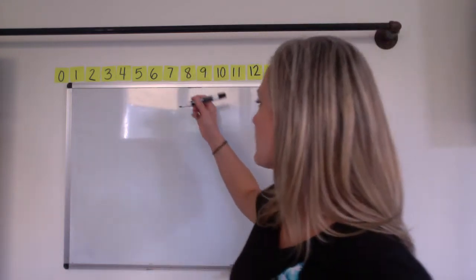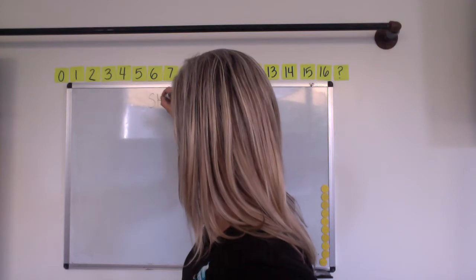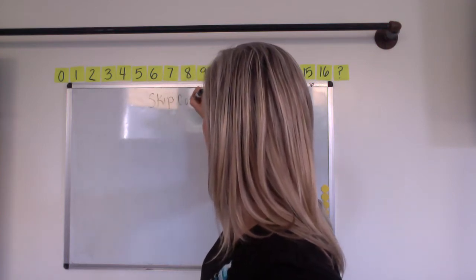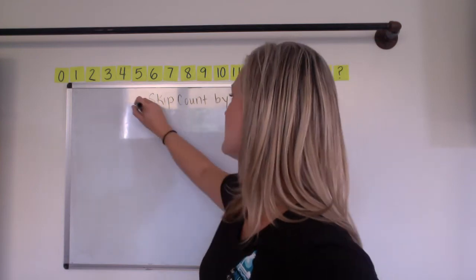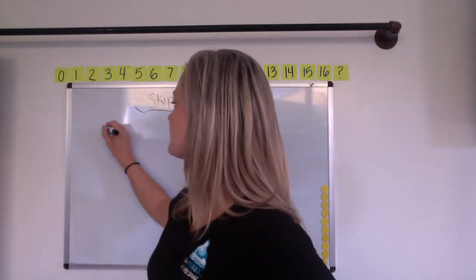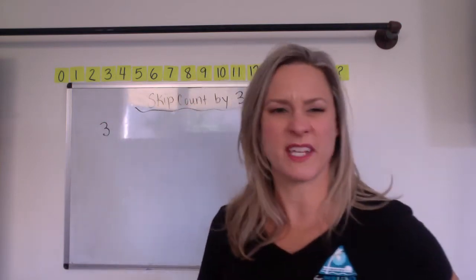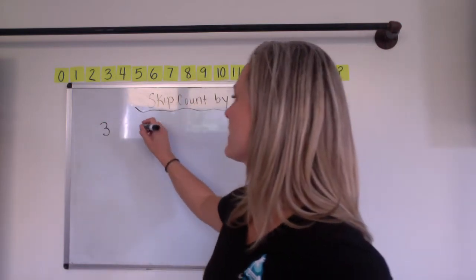Here it comes. We are going to skip count by 3s. So the first thing we would say is 3. Then what comes after 3? 6.